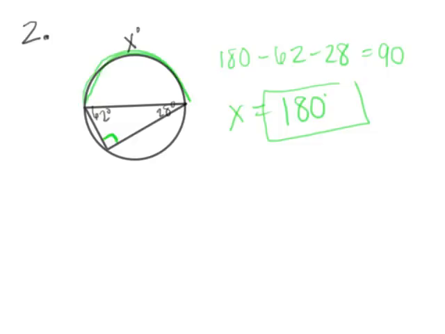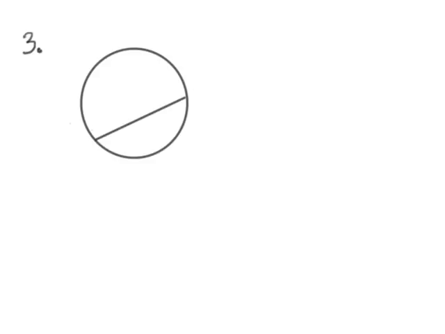Let's go finally to our third example. Our third example will be with the second type of relationship that I showed you from the beginning, where you have a chord and a tangent, but we're doing these type of problems together because the relationship is going to end up being the same.